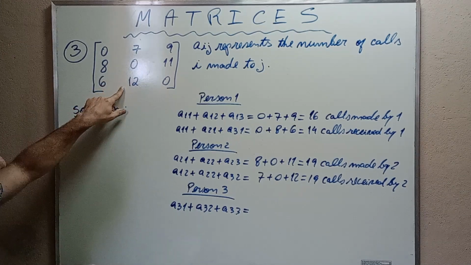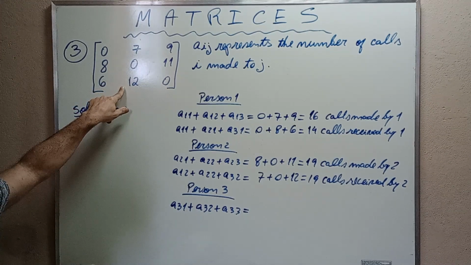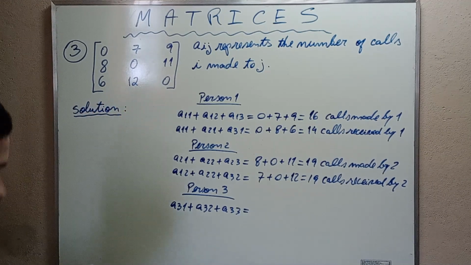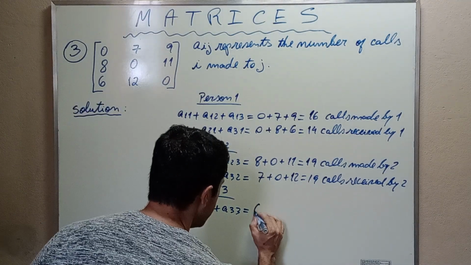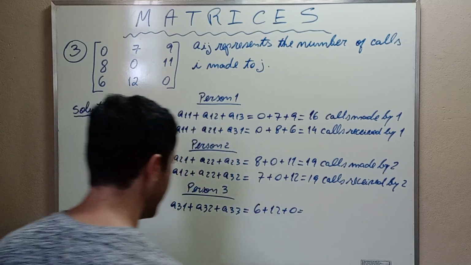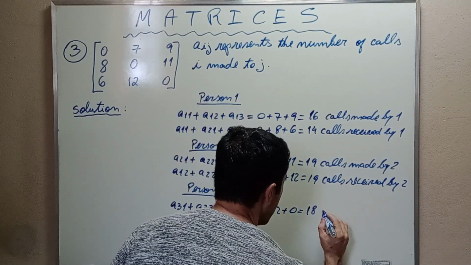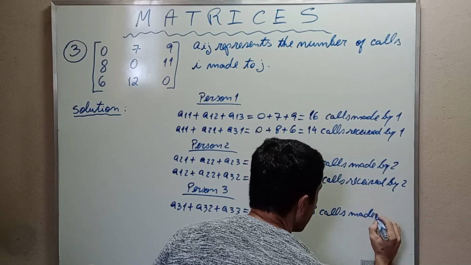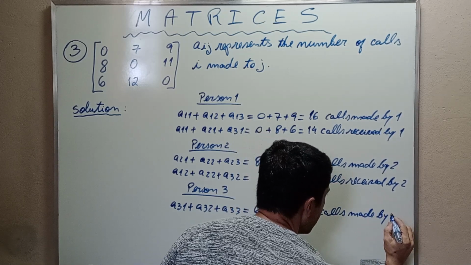A32, the number of phone calls made by person 3 to person 2. And 0 because you cannot call yourself. Then it is equal to 6 plus 12 plus 0, and this is equal to 18 calls made by 3.